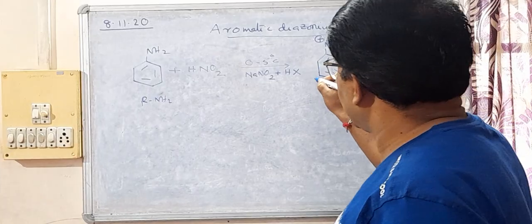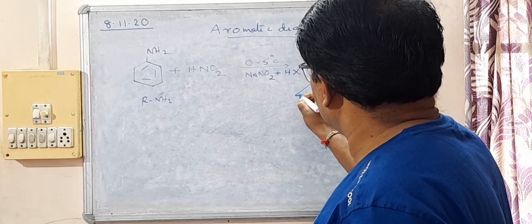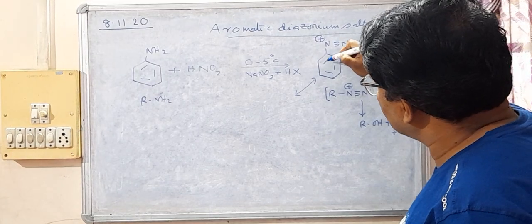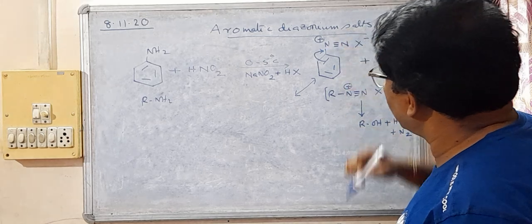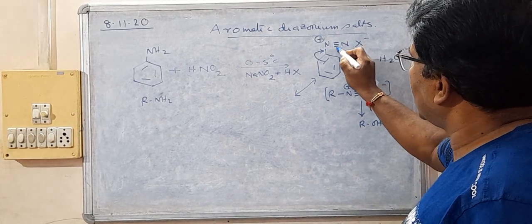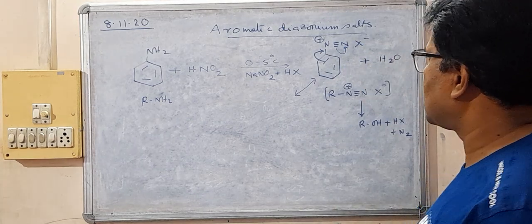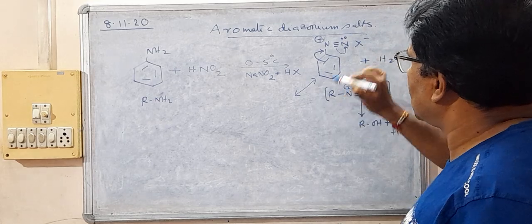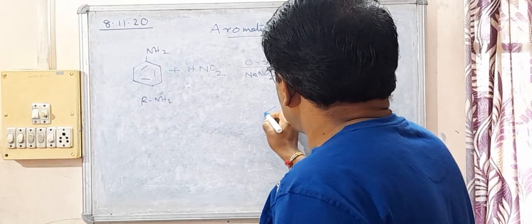So let us draw the resonance structure of this. In the resonance, this electron will go this side, and one of the pi bonds will break and it will come over. Initially there is a lone pair here, and this one will go, so we get this.